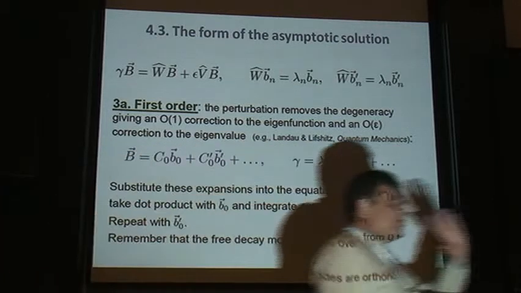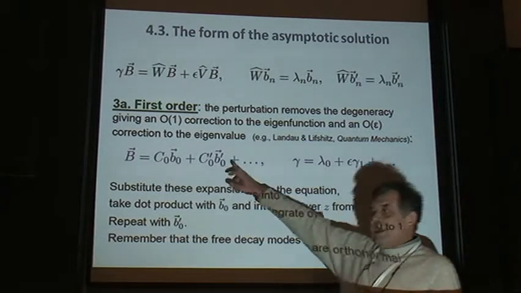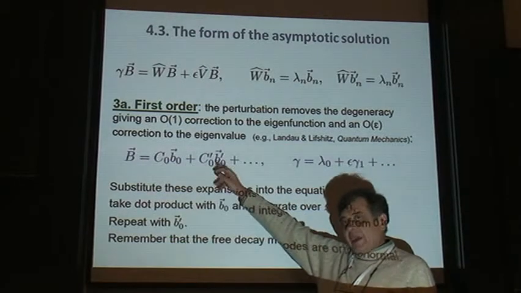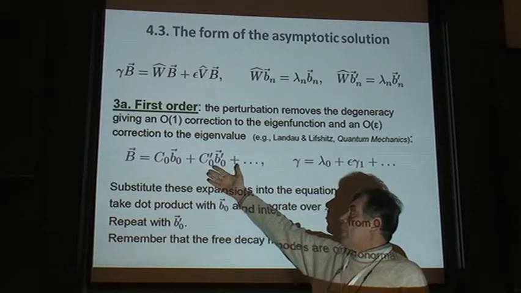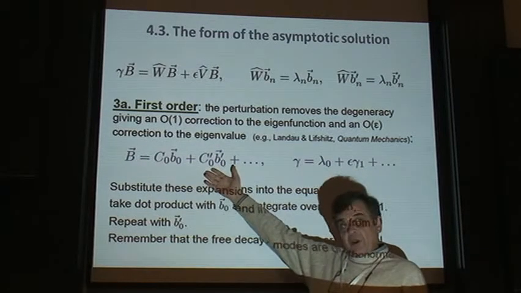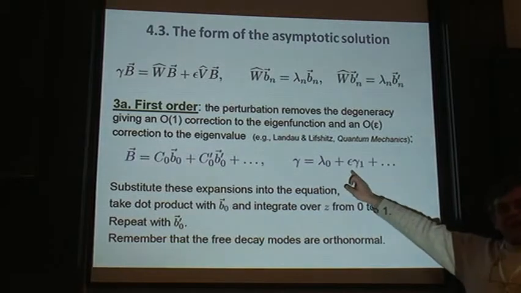When you have degenerate energy levels, the first thing the perturbation does is split the energy levels. So the difference between the non-degenerate eigenfunctions and the perturbed eigenfunctions is of order 1, but the split in the energy levels is still small.